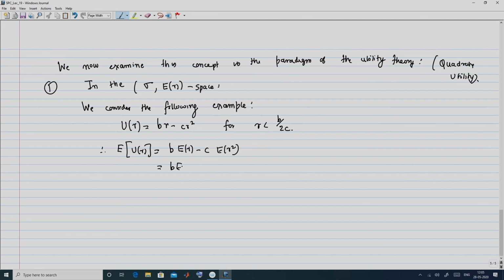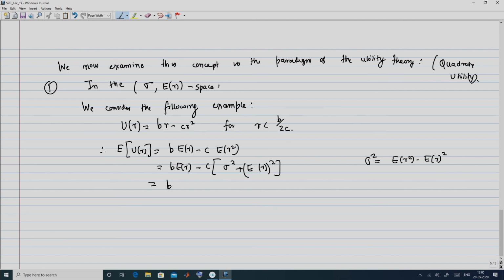Now, B E(R) remains the same in the next line, but we use the definition of sigma square to write E(R square). Remember, sigma square in this case is going to be E(R square) minus E(R) whole square. So, accordingly, I will write this as sigma square plus E(R) whole square.